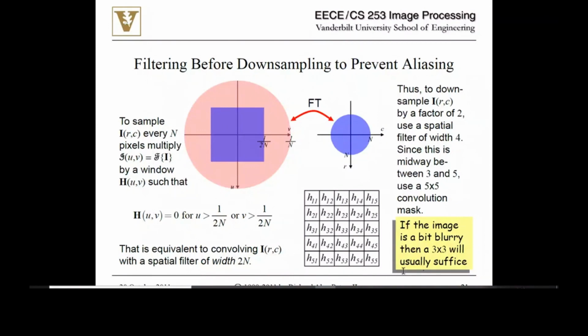So first you multiply by this square, and this is the anti-aliasing filter. This anti-aliasing filter is equivalent to convolving with a kernel, and we don't care about the kernel values there.